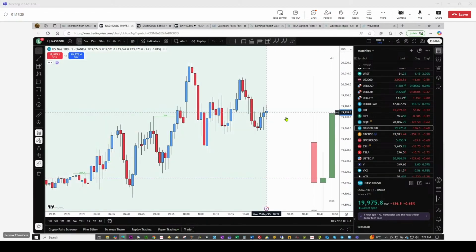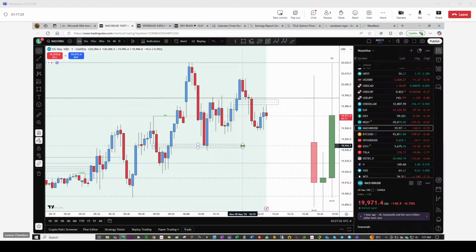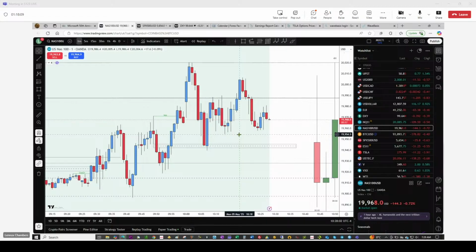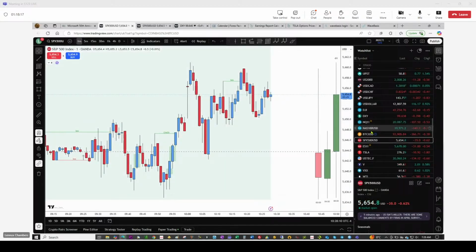See how NAS is doing here. S&P is a little stronger right now than the NAS is.